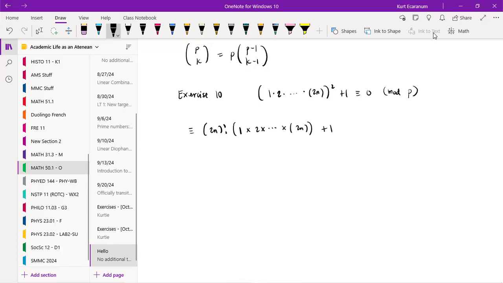This is our original, okay. So we can subtract everything by p. We can do that, because this will become 2n factorial times 1 minus (4n plus 1).